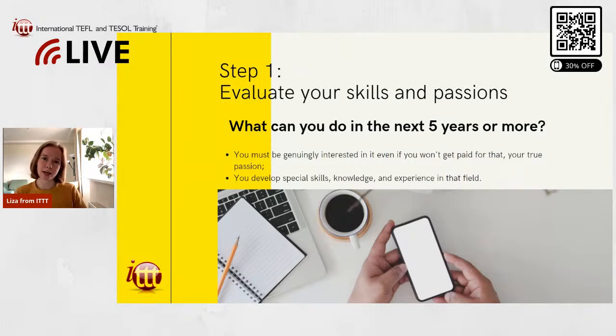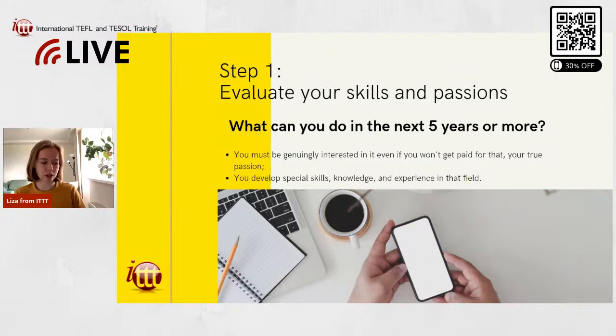Well, you might say something like, I'm going to teach the next 5 years or so, but it's too broad, and it's better to narrow down at this point of time. Think about what aspect of teaching interests you most. Is it general English?